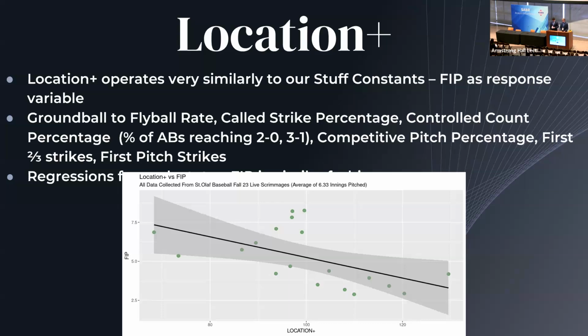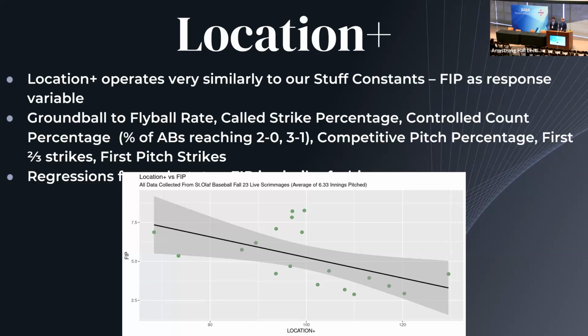We decided that ground ball to fly ball rate, called strike percentage, controlled count percentage, which we defined as the percent of at-bats that don't reach 2-0 or 3-1, competitive pitch percentage, first two of three strike percentage, and first pitch strike percentage were the statistics that mattered. Then we did a regression in a similar way to Stuff Plus. Above is the chart of our Location Plus versus FIP.